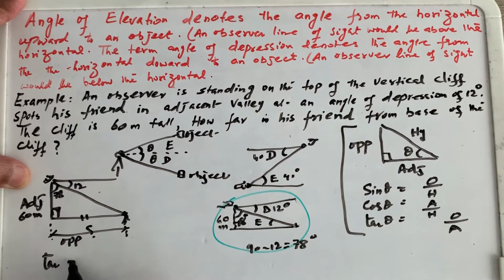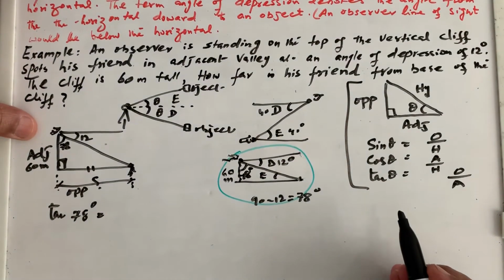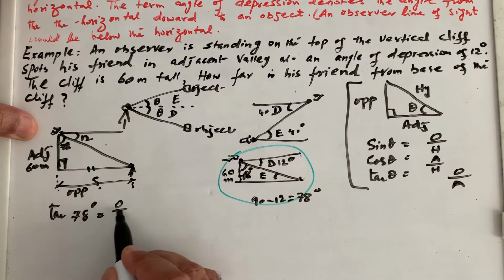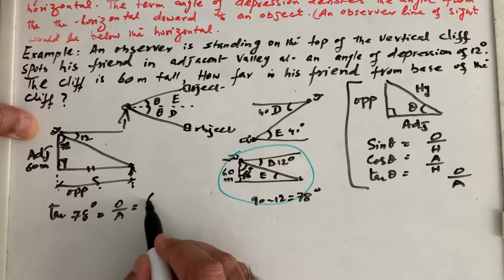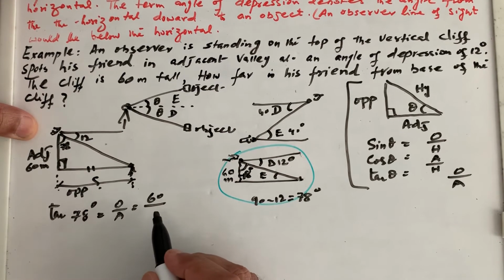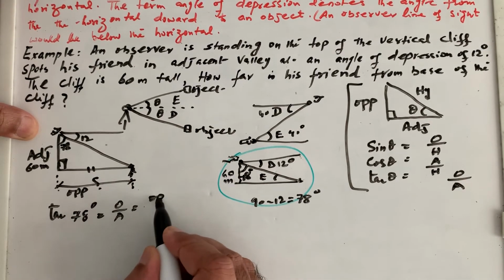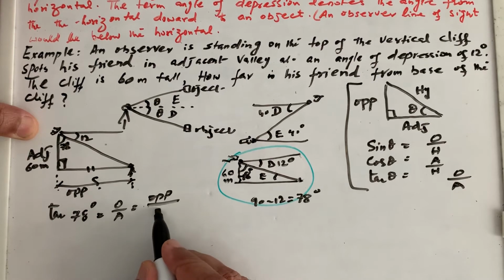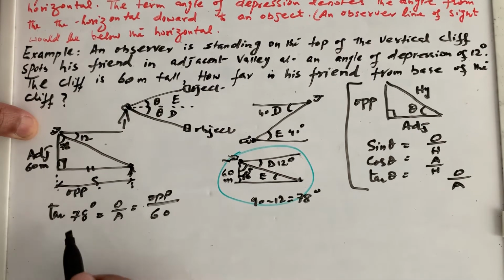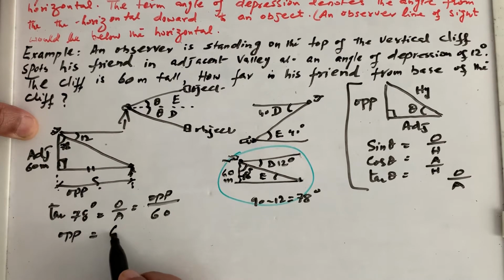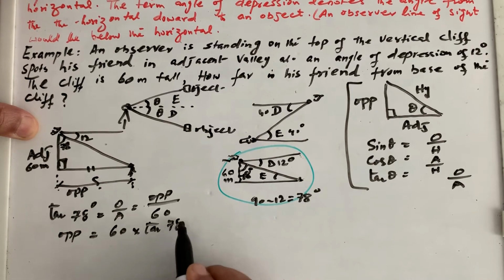Tangent theta, where theta is 78 degrees, equals opposite over adjacent, and the values are: opposite is unknown, divided by 60. So I need to calculate opposite, and opposite equals 60 times tangent 78.